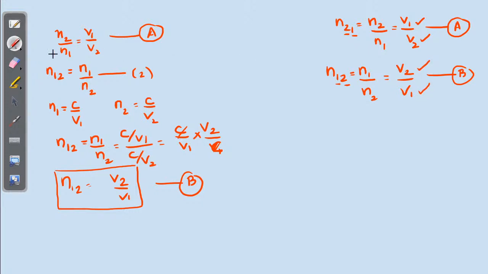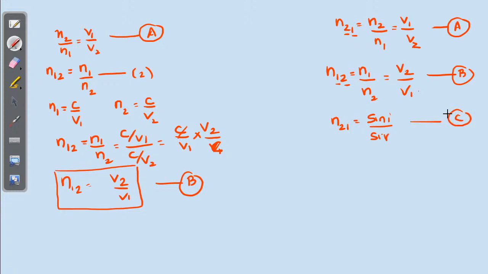You have to remember these expressions. They are very important. We need them to solve problems and to explain concepts related to refractive indices. And you have one more important result which you studied as Snell's law, that is sin i by sin r. Let me call this equation C.